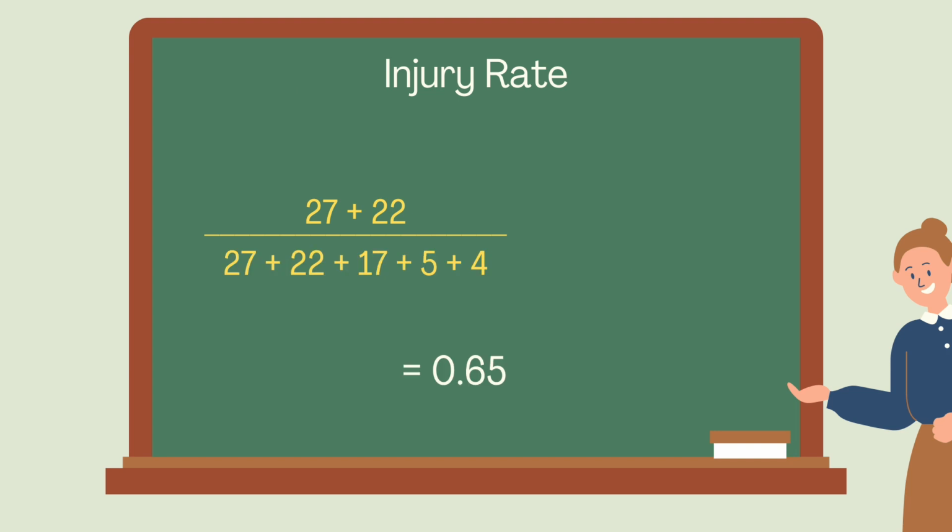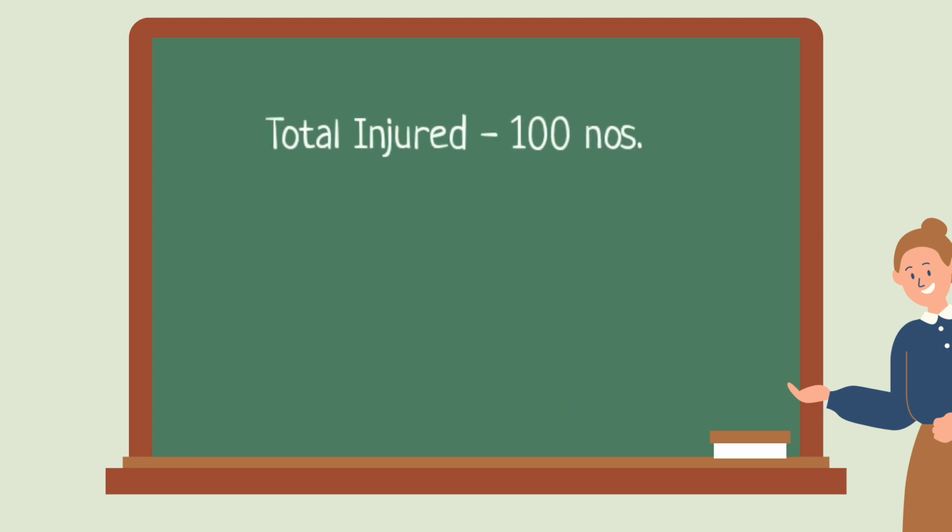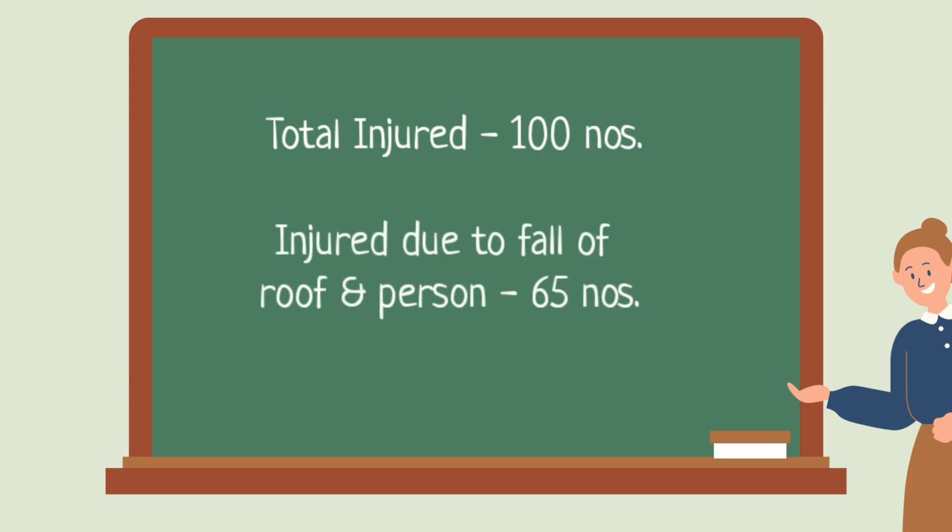On substituting in the formula, our numerator will be the total number of persons injured due to only fall of roof and fall of person, and our denominator will be total number of persons injured. On solving, we are getting the answer as 0.65. What it means is that if the total number of injuries is 100, 65 injuries will be caused due to fall of roof and the fall of person. We are saying that 65% is the probability.